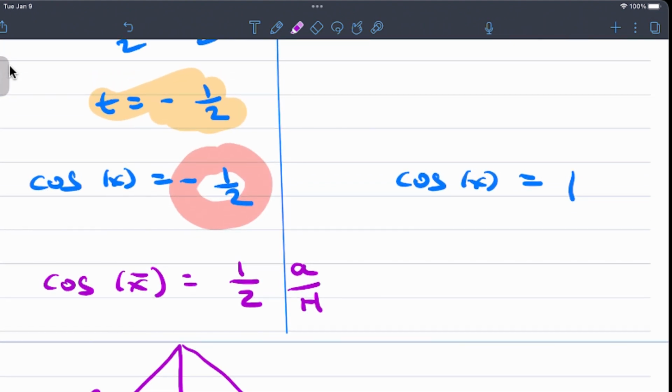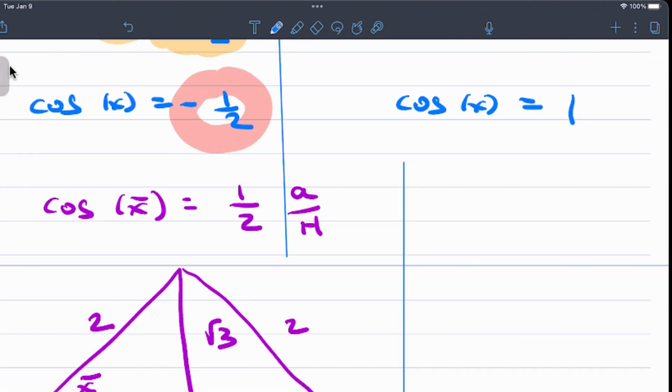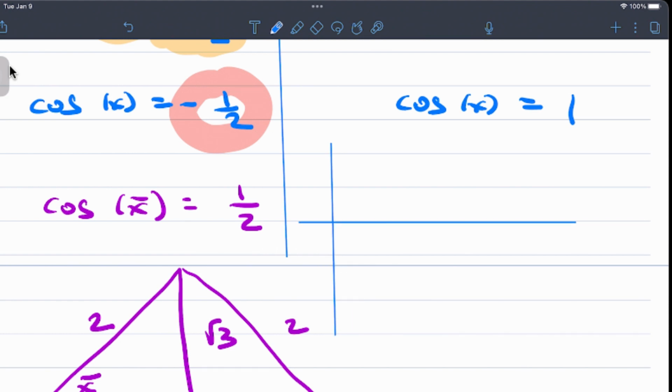And then cosine is 1. How do I find that angle? That's not even a reference angle situation, if you guys remember. Where's cosine 1? Do you guys remember? Okay, I'm going to have to draw a smaller picture.